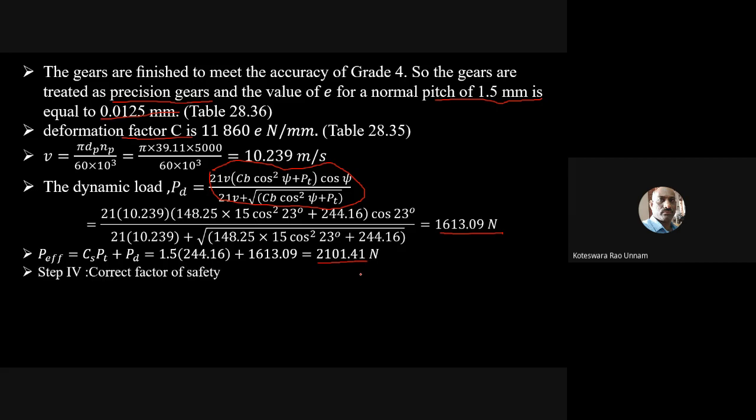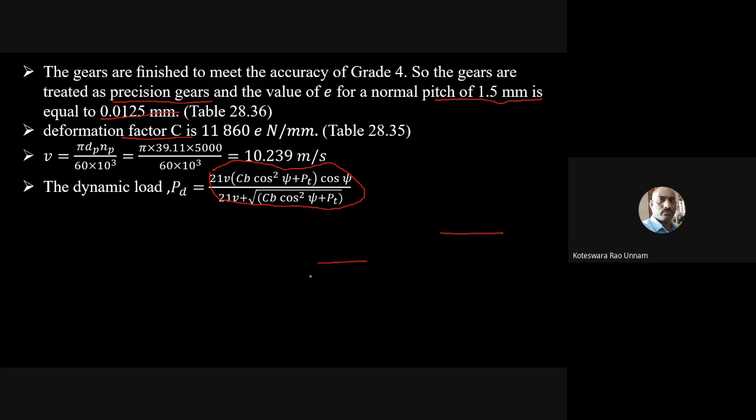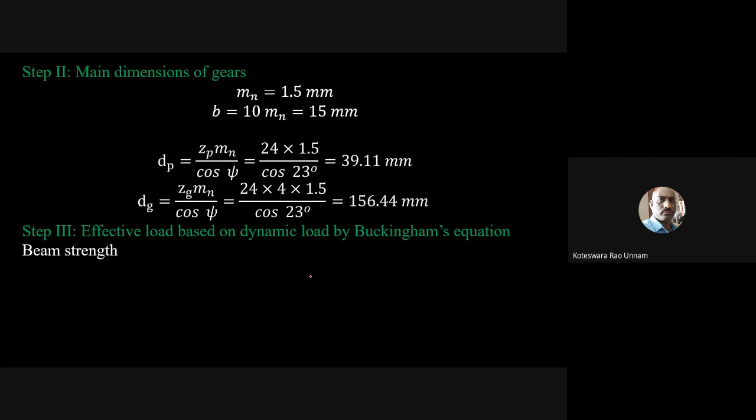So we need to calculate, as he asked, the correct factor of safety. The formula for factor of safety is SB divided by P effective. What is the value of SB, the beam strength?